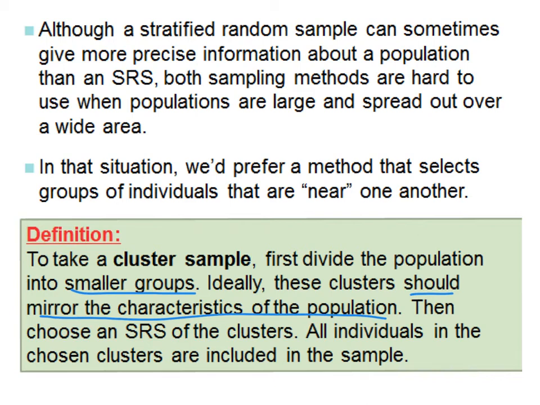So when we pick a cluster, we would still do it randomly, but if we do that, we're taking every single individual from the cluster. This is the only sampling technique that we do where you can make one selection and you will take multiple individuals, because when you select the cluster, you take everybody in it.